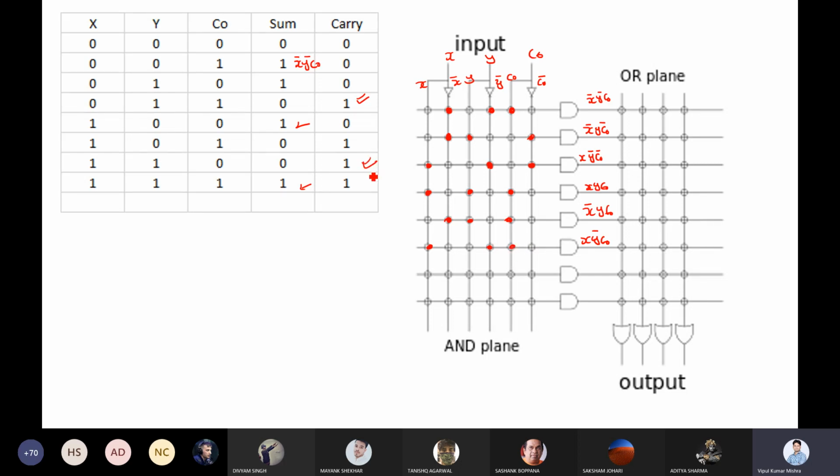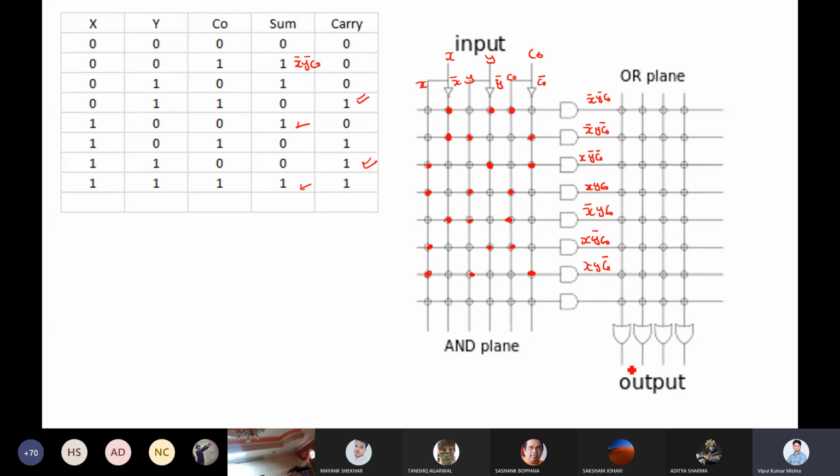Now next you require this one. So it will be X, Y, C0 bar. It should be bar.